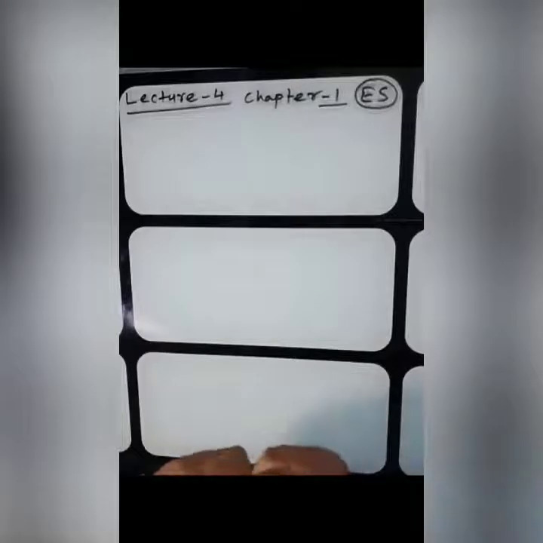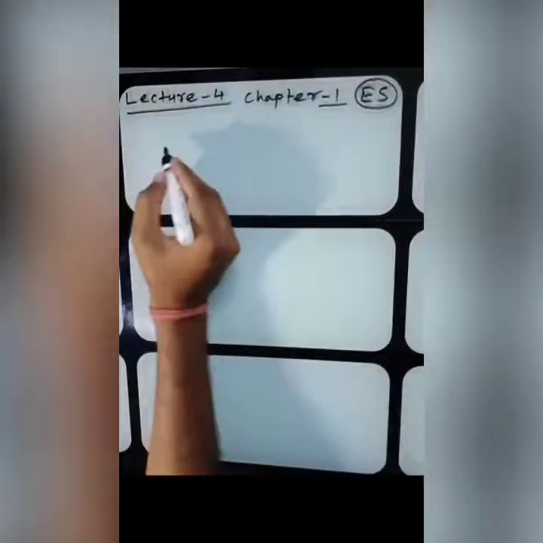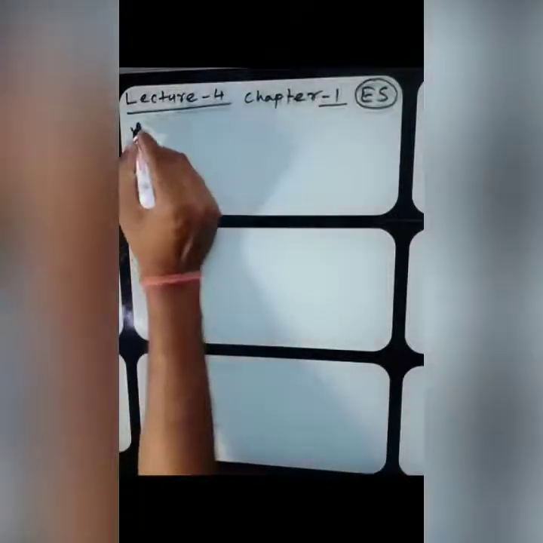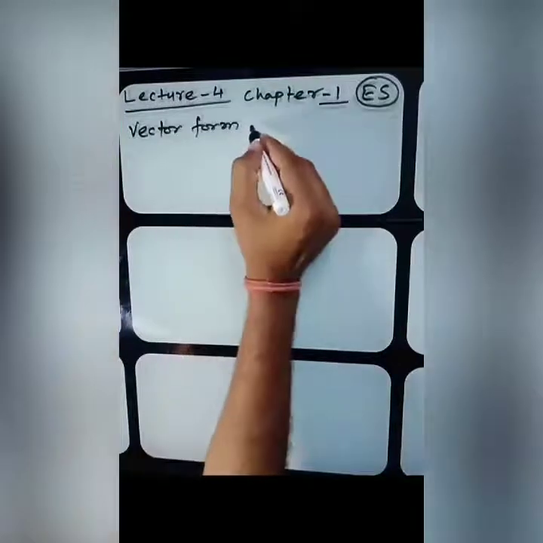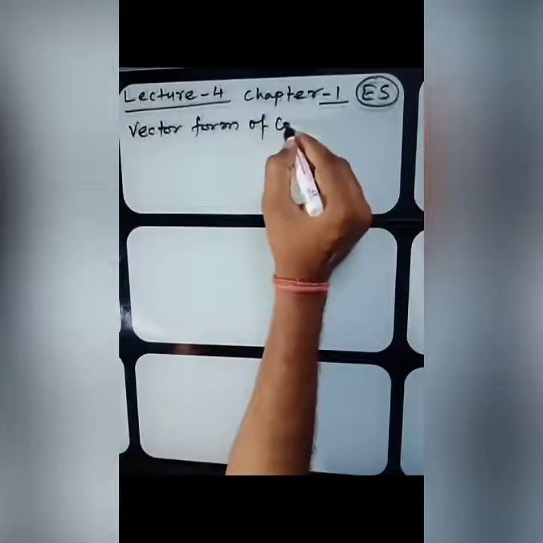In this lecture 4, students, let me start now: vector form of Coulomb's law.